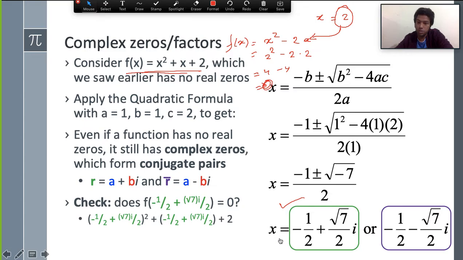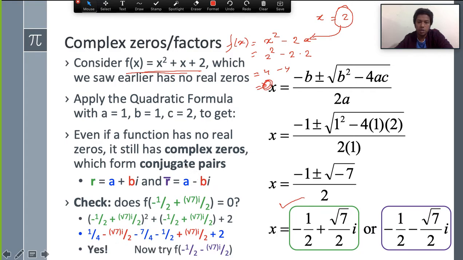Instead of x, you just put this number here. So this number squared, then plus x, then plus 2. Then you do some addition and subtraction, and you will see the answer will come 0.